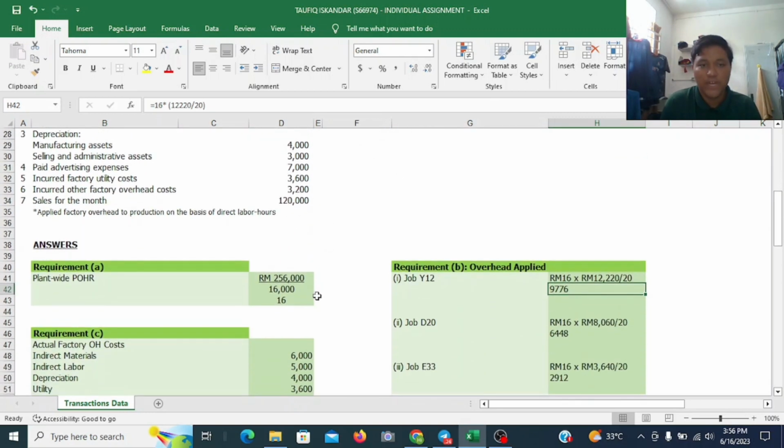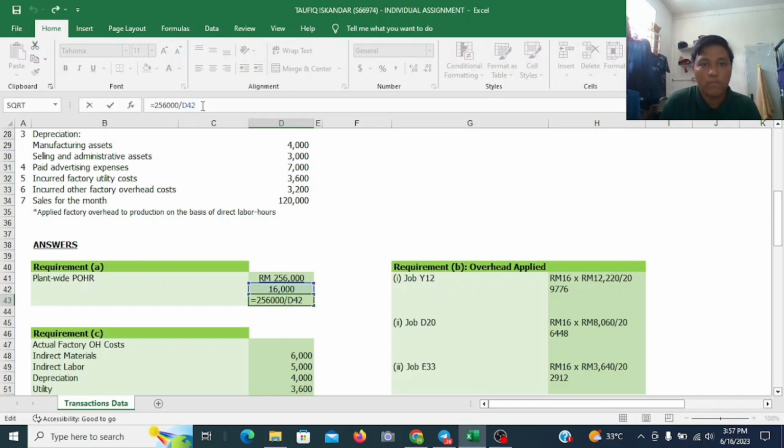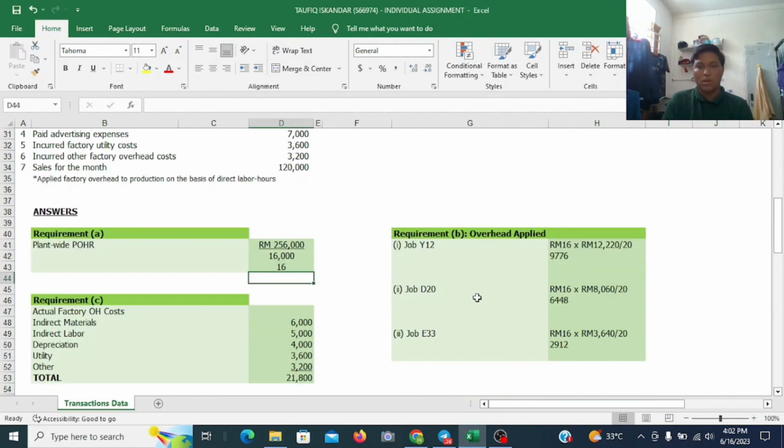We divide these two values and get 16 ringgit per direct labor hour. Or we can use this formula bar to get the answer. So we go to the next question.